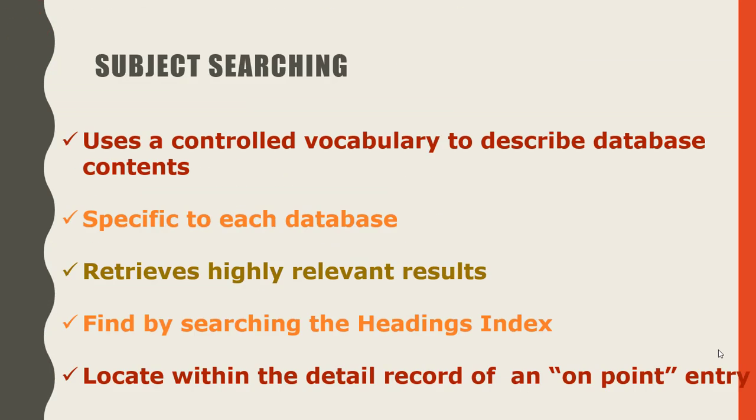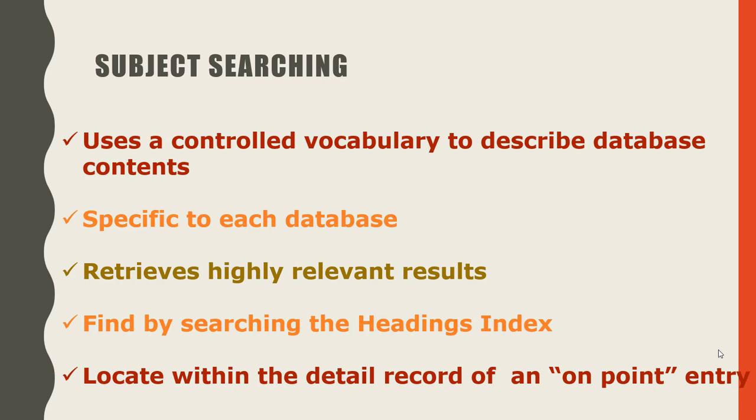We've been discussing keyword searching, but another way to search is by subject heading. And subject headings come from controlled vocabularies within a database. An indexer or cataloger will assign the article or book a heading which describes the aboutness of the content of that item. These headings are specific to each database, and searching on them provides highly relevant results.